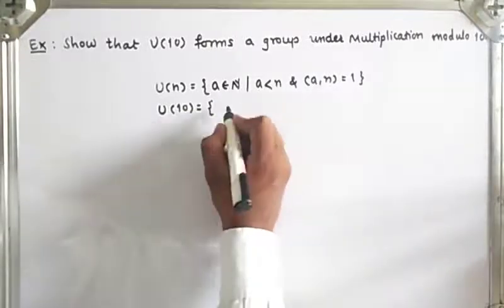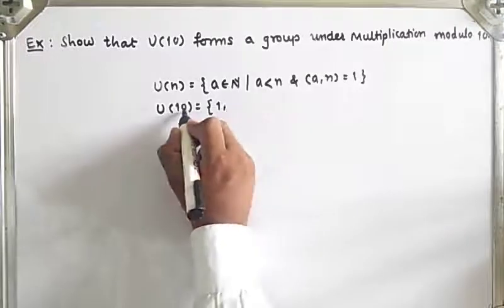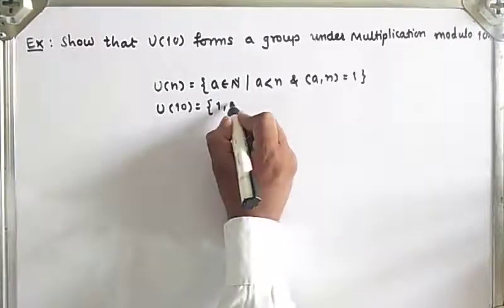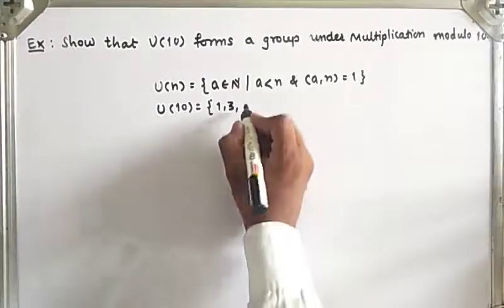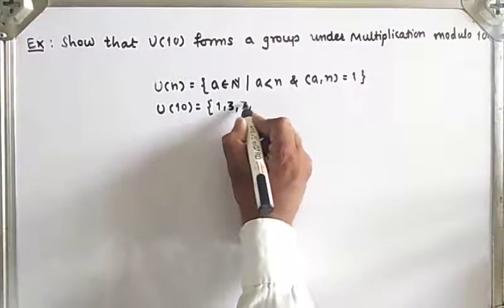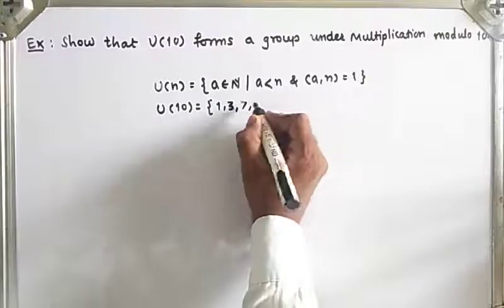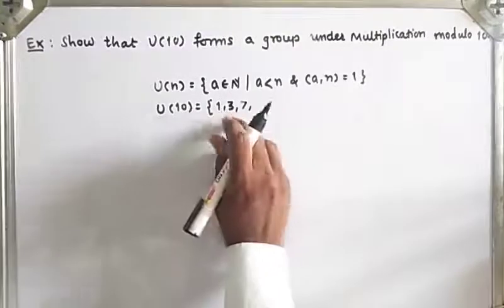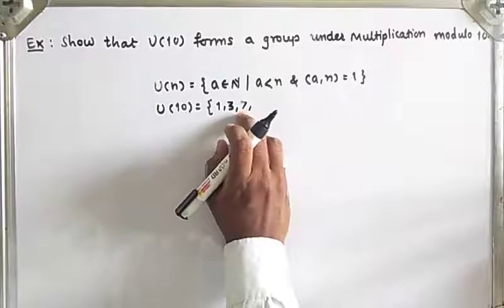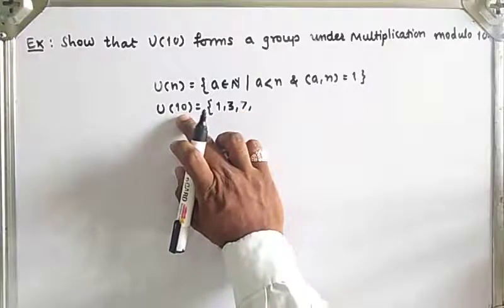1. So the numbers are 1, and 1 and 10 have GCD 1. Next I will take 3, and 10 has GCD 1. Next I will take 7, and 7 and 10 have GCD 1, because if I take 5, then 5 and 10 have GCD 5. If I take 6, then 6 and 10 have GCD 2.